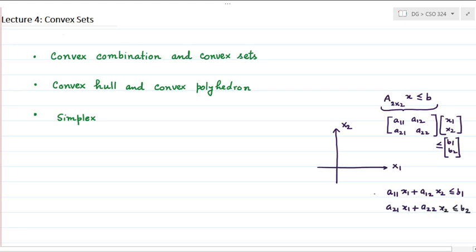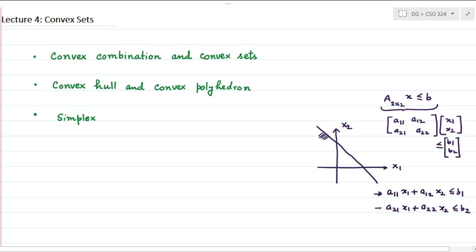Now corresponding to the first inequality, you have one half space of the line given by a11 x1 plus a12 x2 equal to b1. So you identify the line a11 x1 plus a12 x2 equal to b1, and one side of it, either this side or that side, will be your inequality region. So let's suppose this half space is your inequality region corresponding to the first inequality.